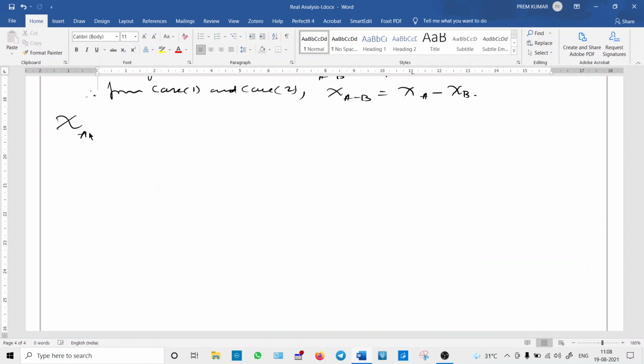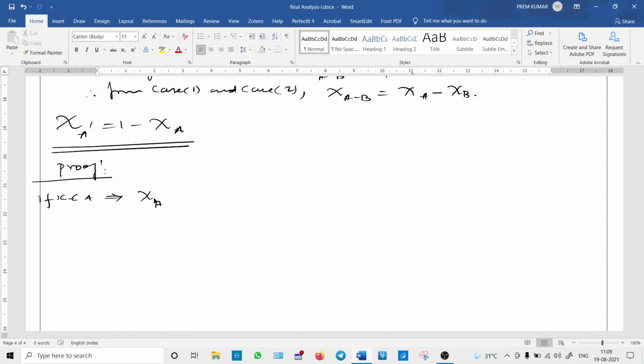what is chi A dash equals to 1 minus chi A? How to prove this? This is also simple. Same way, suppose x belongs to A. If x belongs to A, what happens?